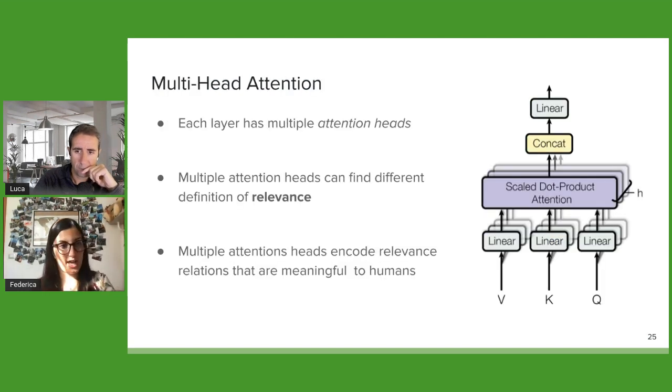All of these weights together give the network a representation of relevance for the single token inside the context. As I said before, one word could be relevant because it's following another word, but also because of the meaning, because two words are nouns, or one noun with the verb. And with this multi-head, we can learn these relevance relations that are meaningful also to us, to humans.